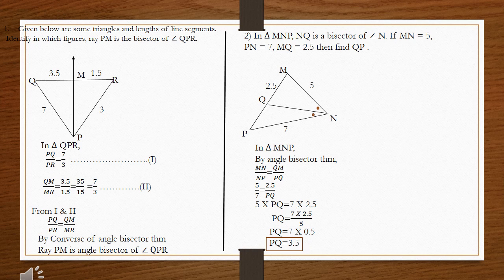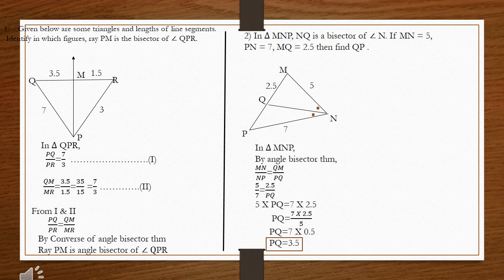That means we can write MN upon NP, these are the ratio of remaining sides, that is equal to the ratio of the parts of the side opposite to the angle which is bisected, that is QM upon PQ. Okay, so we get MN upon NP equal to QM upon PQ.